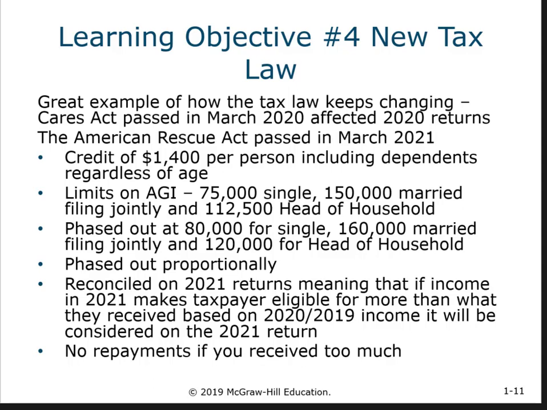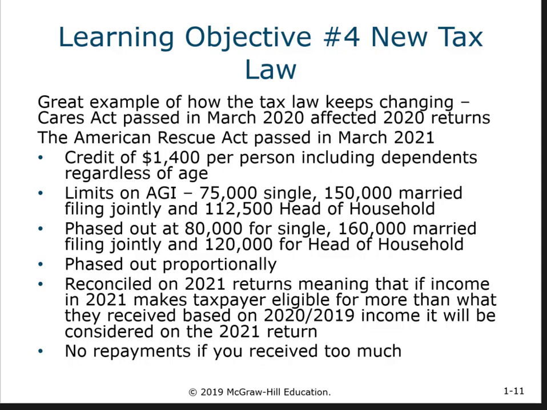Now, it was to be based on 2021 income, but we don't know what that was. So on the 2021 returns that we're going to be talking about this year, that will all reconcile. We'll look at the income for 2021. We'll compare it to how much credit you should have gotten versus how much you did based on your 2020 income, if there was a difference.